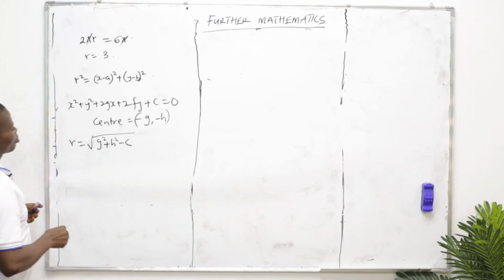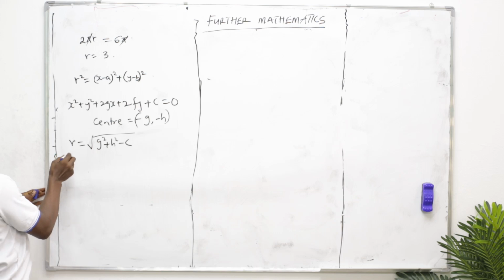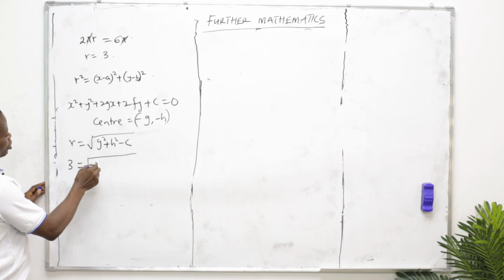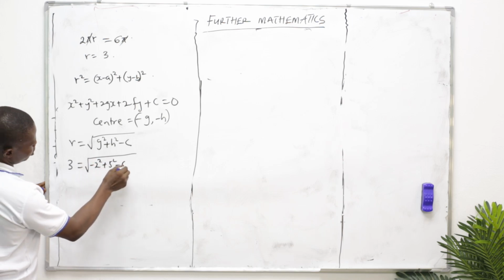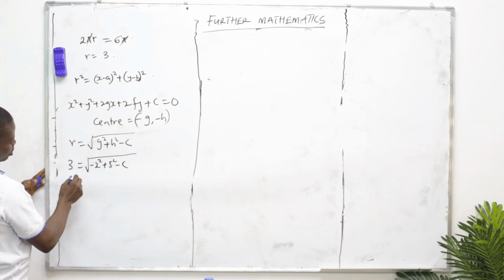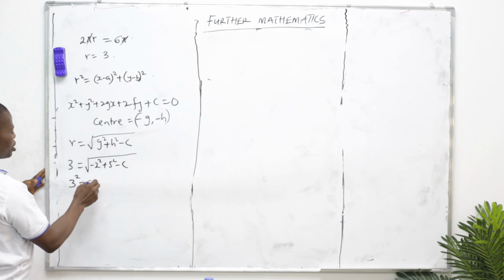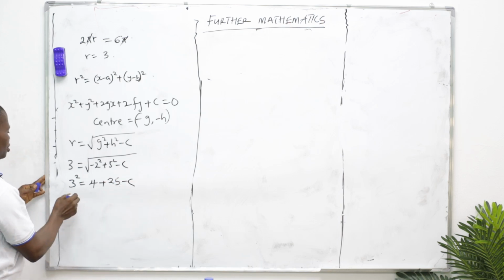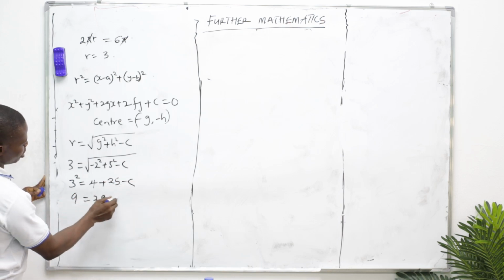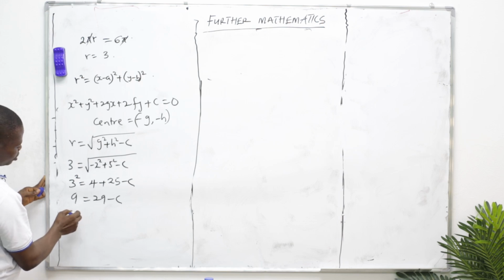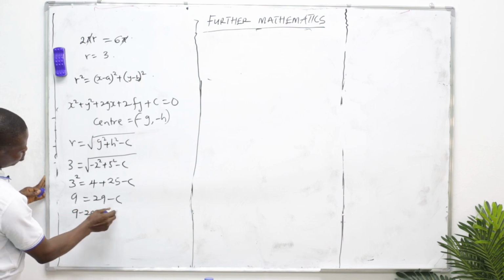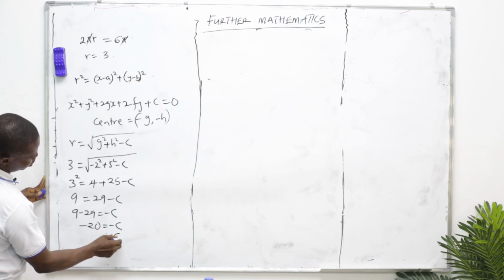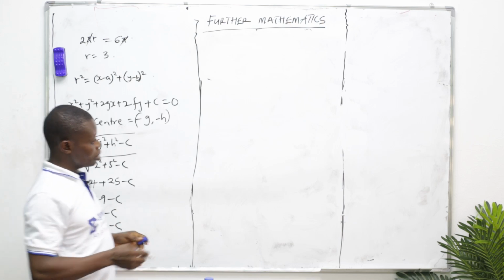Then, if you have the radius as 3, 3 equals square root of minus 2 squared plus 5 squared minus c. We have that 3 squared equals 4 plus 25 minus c. This is 9 equals 29 minus c. So that 9 minus 29 equals minus c. Minus 20 equals minus c. Therefore, c equals 20.